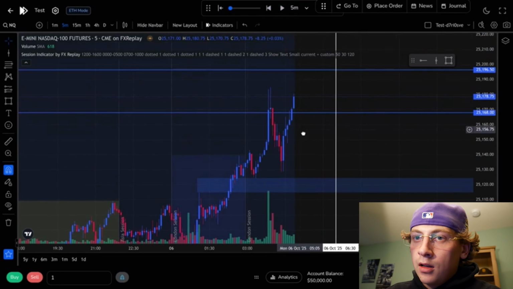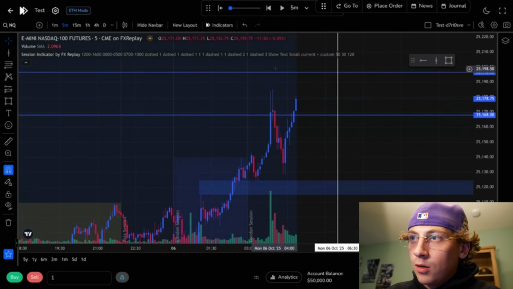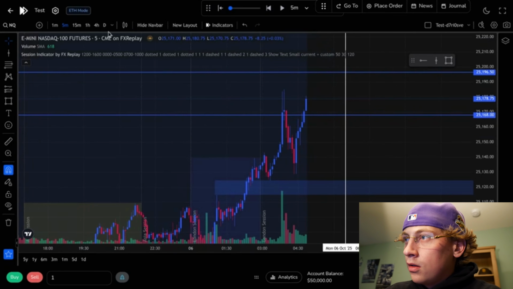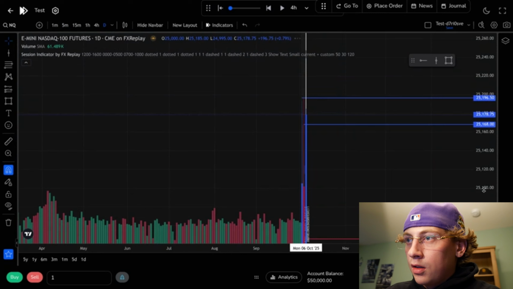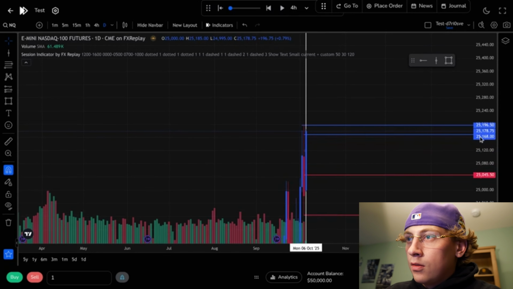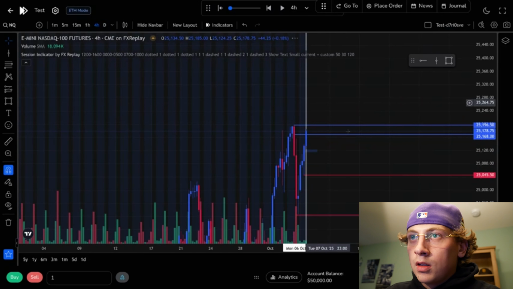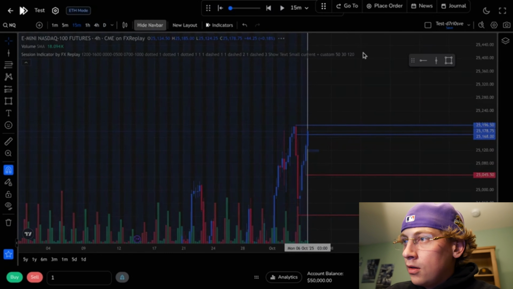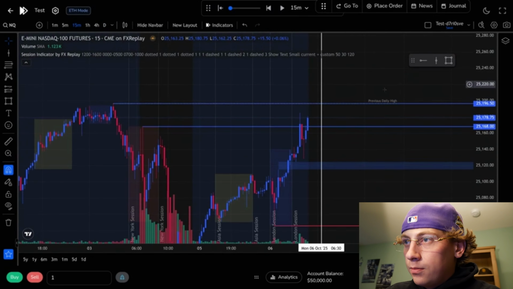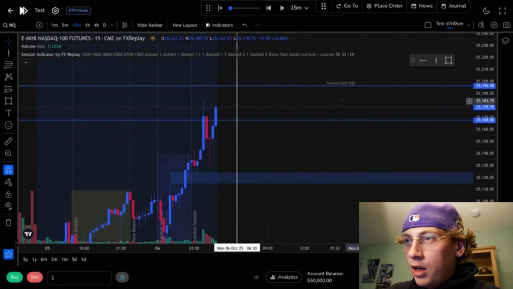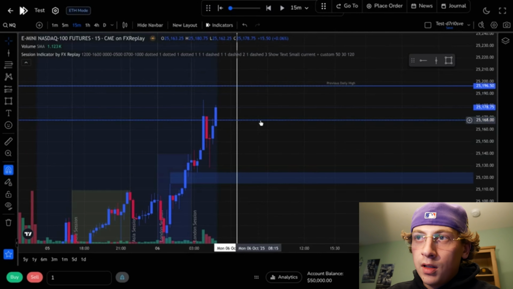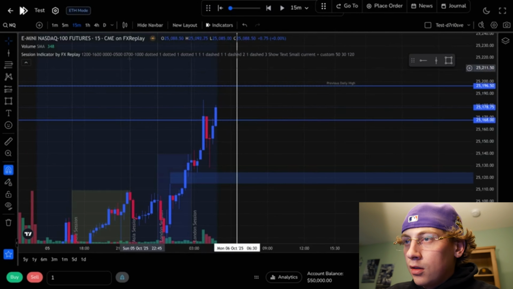This high's already been taken out, but this one will be low resistance liquidity here. So I'm not going to expect a reversal off just this. As you can see, there's nothing else around. So this next high is the last one standing in the way. So I'm going to want this high to be taken out before I even think about taking a reversal trade here. So let's see what happens.